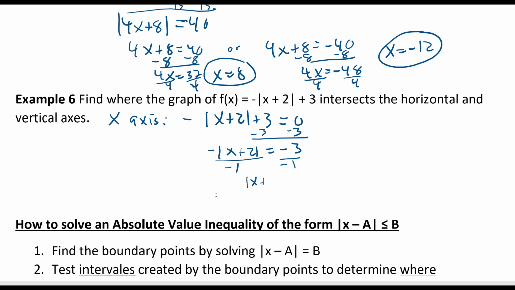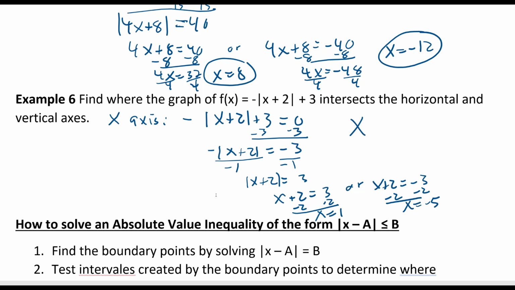So absolute value of x plus 2 equals 3. That means that x plus 2 is 3, or x plus 2 is negative 3. And we can subtract the 2. x is 1. Subtract the 2. x is negative 5. So the x-intercepts are going to be at (1, 0) and (negative 5, 0).